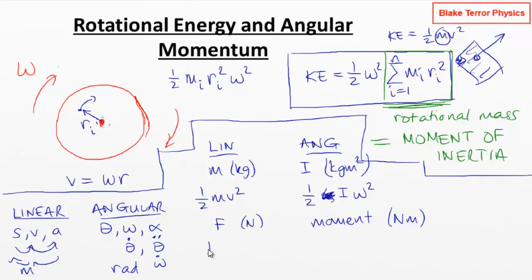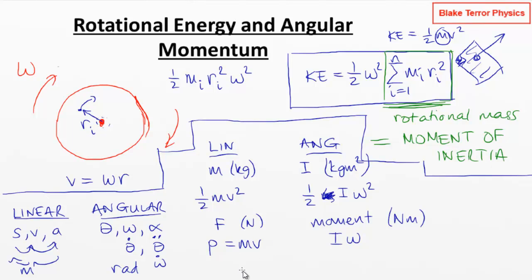We've got our linear momentum P, our mass times velocity. We've got our angular momentum, which sadly they don't seem to give a symbol to. There doesn't seem to be any consistent symbol used for this. But again, we've got a direct translation across. So instead of mv, we've got I omega, our mass and our velocity in the angular sense.